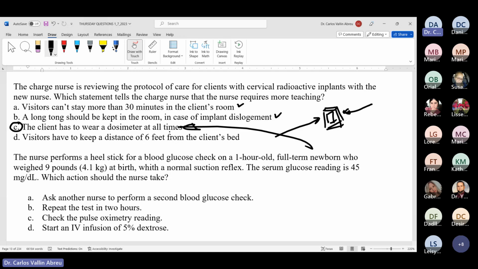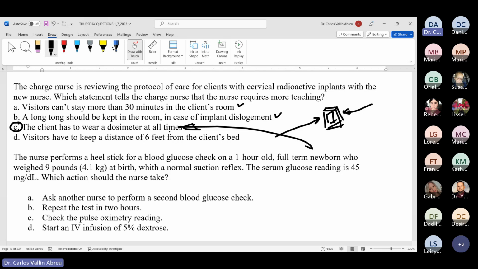If you reach or approximate this maximum dose, this is detected by the dosimeter, and then it informs the expert that this nurse, this doctor, this CNA, this housekeeper cannot be involved in the treatment or care of a client with an implant for a while.